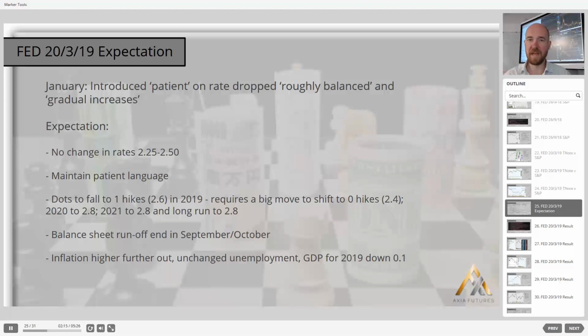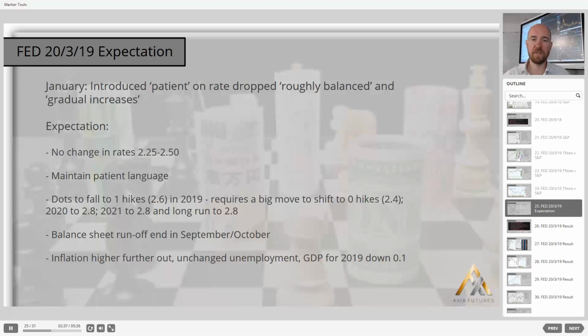And the big one to be focusing on, and this we've looked at previously, the big focus is the dots here. That's the guidance as to where the Fed is likely to be going for the rest of the year and coming years. So, across the board, expectation of dots to fall.